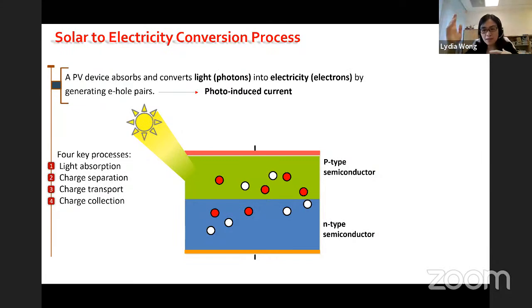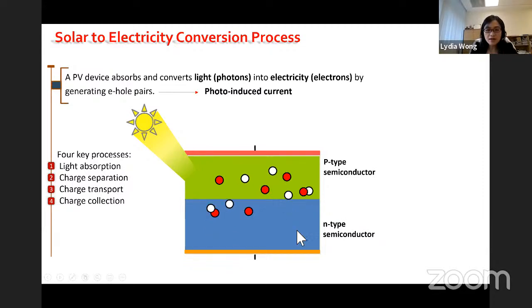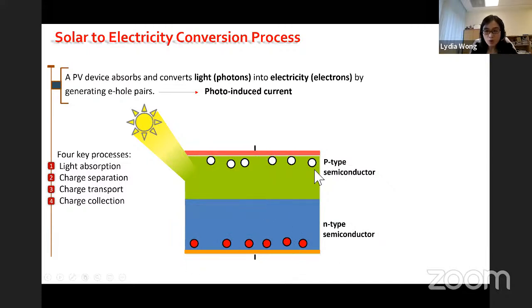You want one electron to go one side and one hole to go to the other side. And this charge separation happens at the p-n junction. Once you separate them, you collect electrons on the n-type side, and you collect holes on the p-type side.